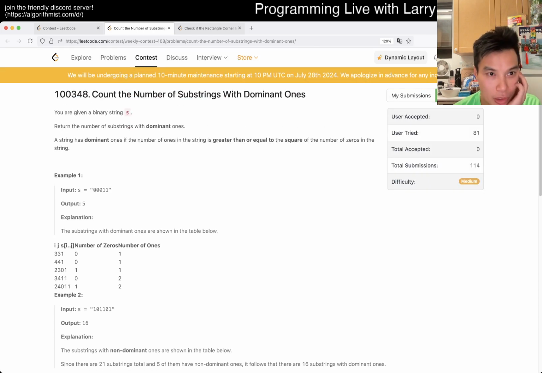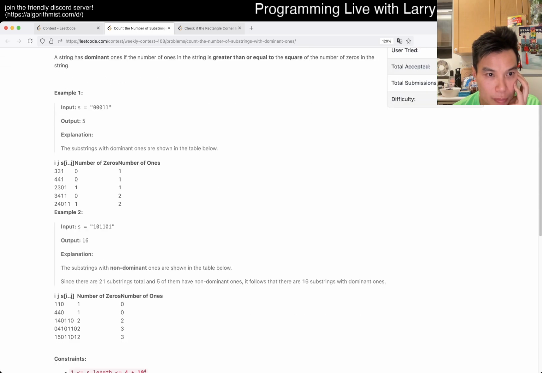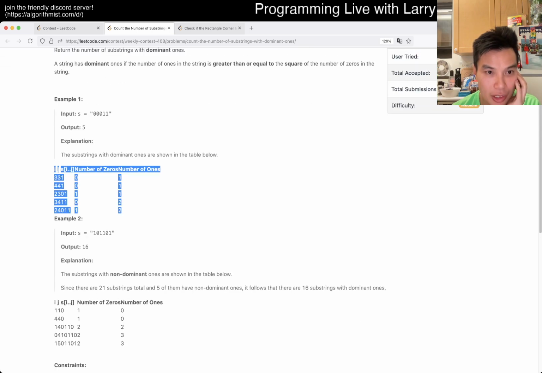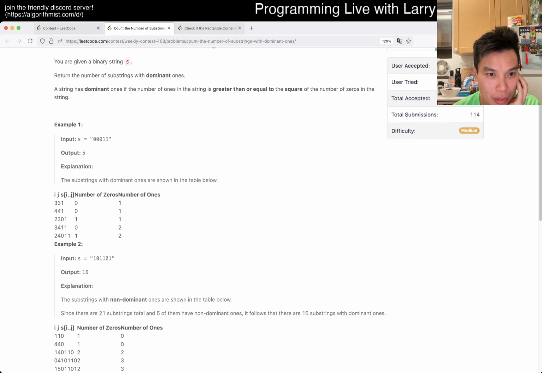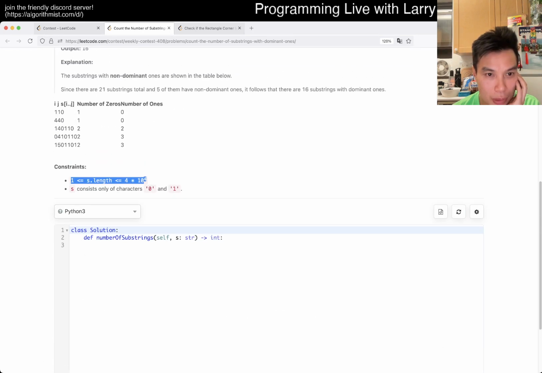Substrings of dominant ones. Dominant ones. Ones? No. Square of the number of zeros in the string. This is such a terrible format. 3, 3. And is 10 big enough?